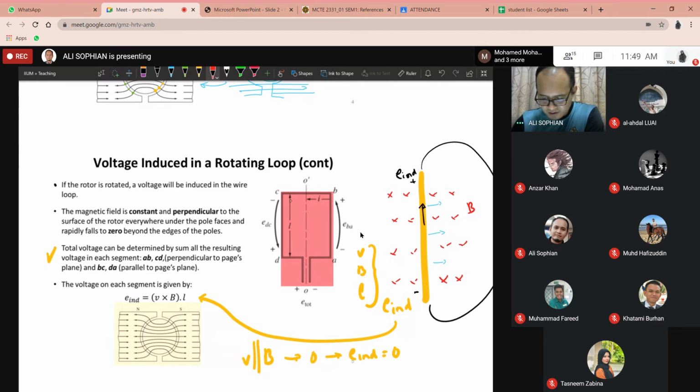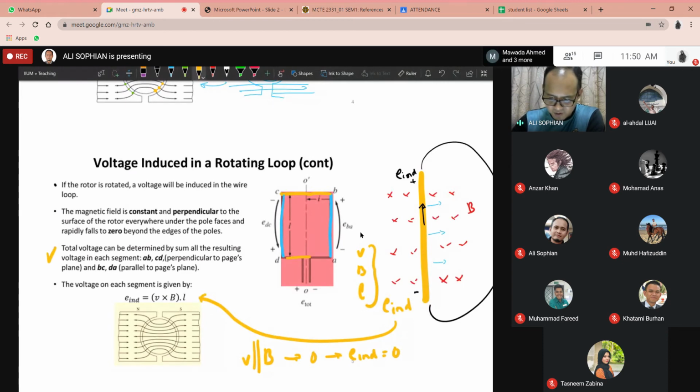induced on each segment. So AB, this is VAB, and then the second one in a different color, BC, and then CD, and finally DA.